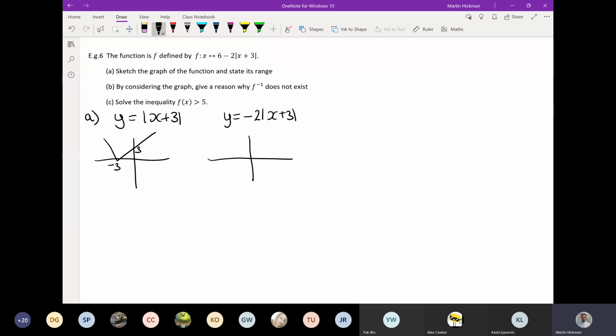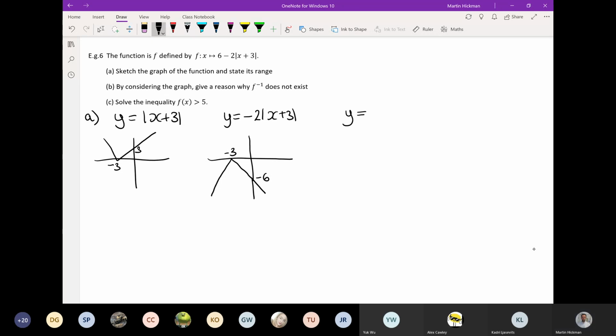If we have g of x and we were asked to find -2 g of x, we would multiply all those y values by -2, or think about it as timesing all your y values by 2 and then reflecting it. So your root of -3 would stay as it is, but for your y-intercept you've got to do 3 times -2, which is -6. The x hasn't changed, it's still -3, but now you've got -6 as your y-intercept.